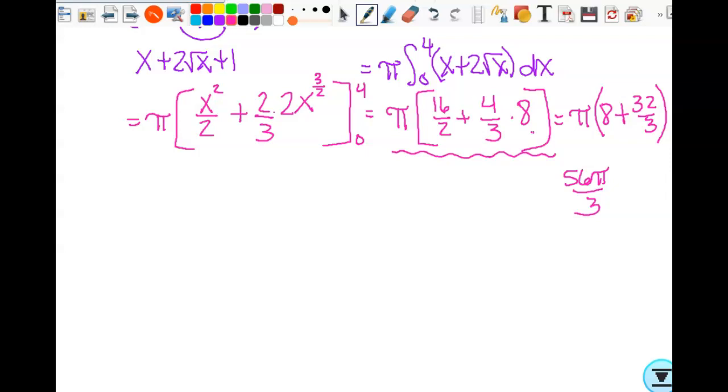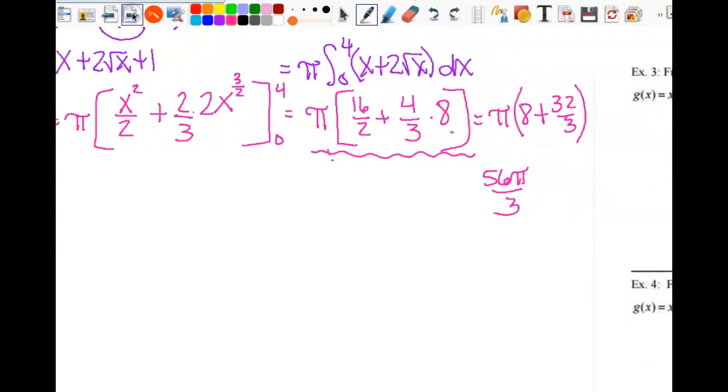But yes, you can stop. If you're going to stop, stop here. Like if it's not multiple choice, stop here. Totally fine, right? Leave it as 16 over 2. Leave it as, whatever. Even leave it as 2/3 times 2 times 8. That's all fine. Okay, don't mess up because it's some stupid arithmetic something. Okay, we good? All right.